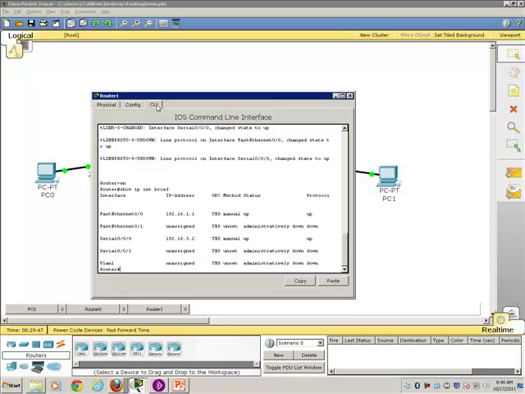Could be a number of things. Could be just the interface not plugged in. Could be in the serials we don't have a clock rate. Could be, and more in serials than in FastEthernets, that we don't have a compatible encapsulation protocol at layer 2.